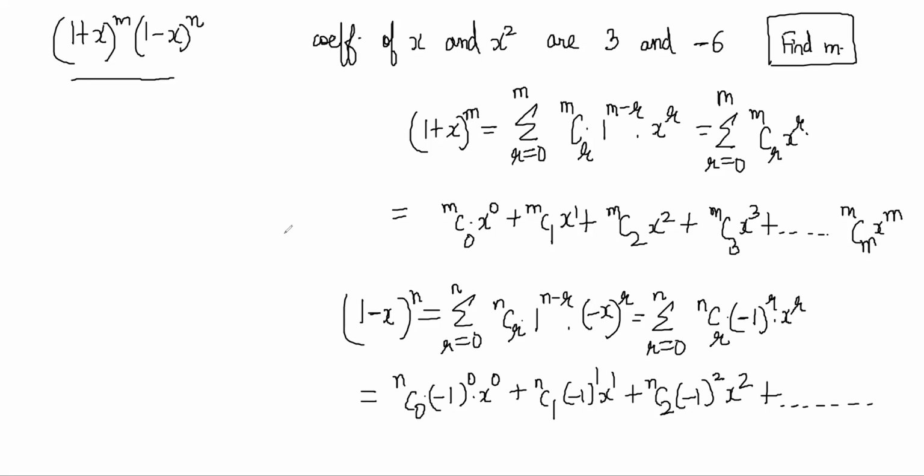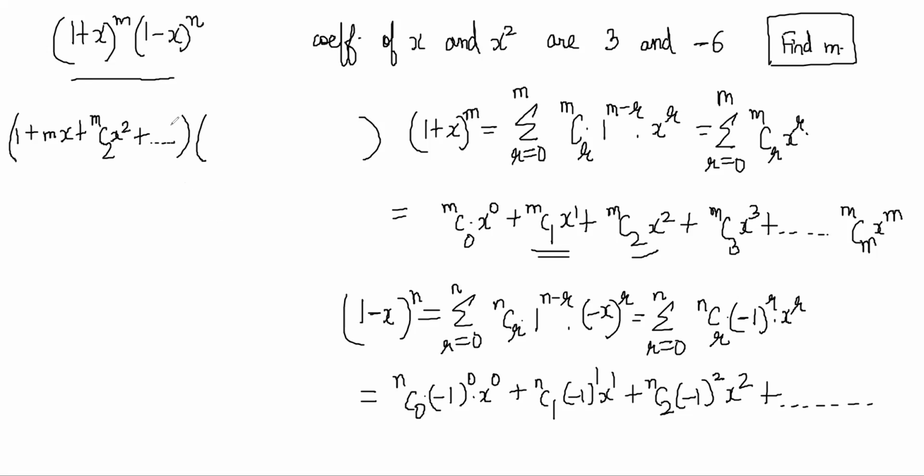So actually you have two different series and you have to multiply them. The terms here: mc0 is 1, so it is 1 plus m into x, mc1 is m, plus mc2 x squared, plus some other terms.